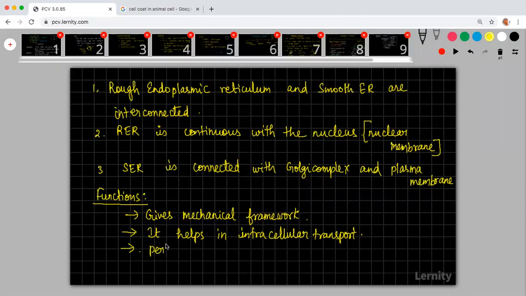It performs metabolic activities. It produces lipids, steroids, and proteins.